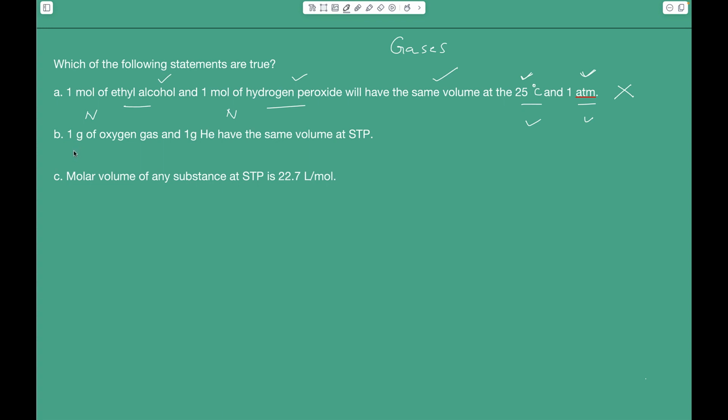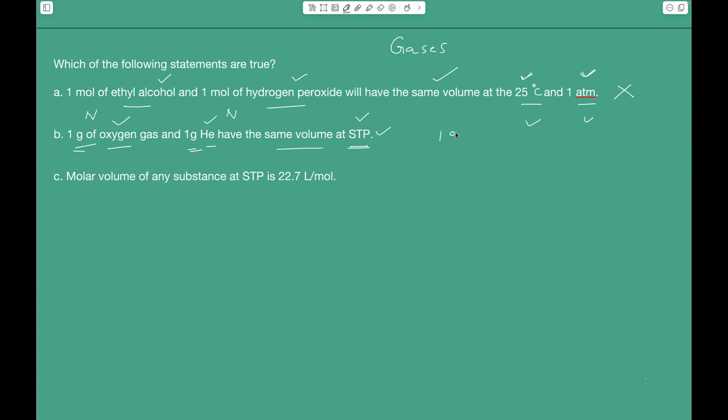Then we have equal masses of oxygen and helium. Will they have the same volume at STP? See, both of them are gases. We treat all gases as ideal gases, so we are good. And they are both at the same temperature and pressure. They would have the same volume at a given temperature and pressure if they have the same number of particles. So you have to figure out the number of molecules present in these samples. How do you do that?